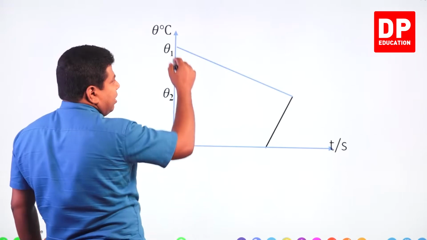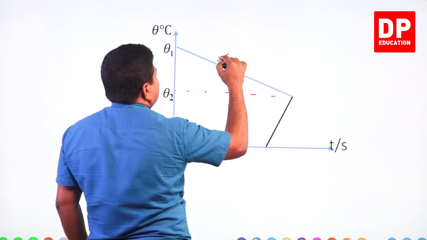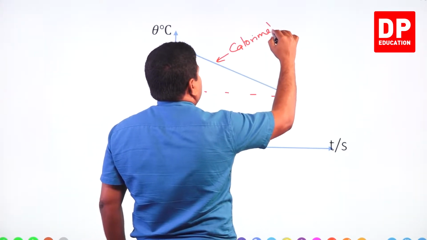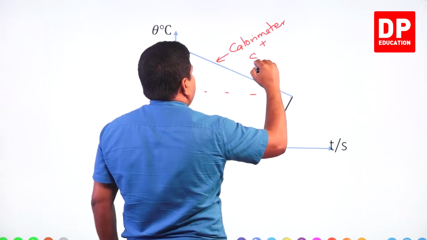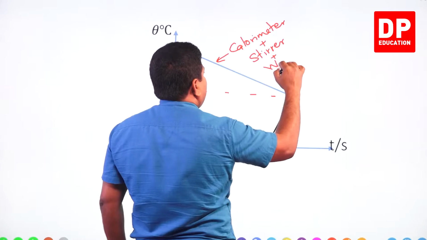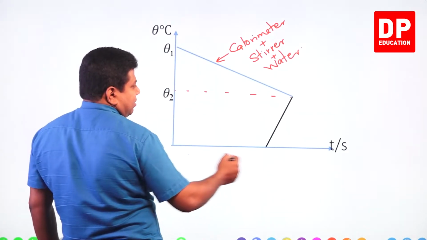See how this changes theta 1 to theta 2. What is this? Calorimeter, stirrer, and the water which was already in. What is this part?